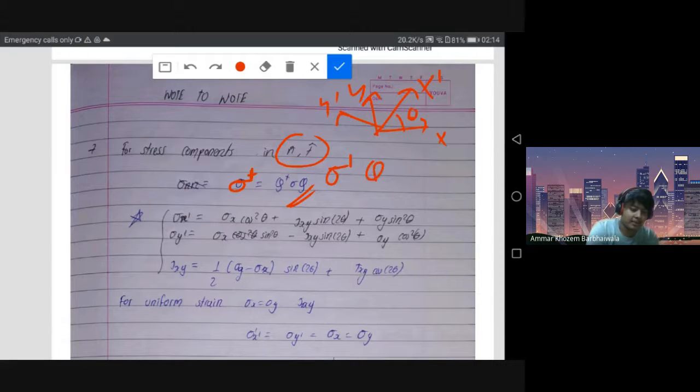This transformation matrix Q would be, as we said, cos theta, sin theta, minus sin theta, and cos theta.